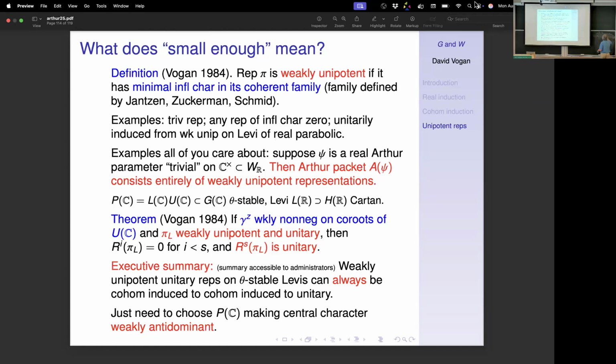This Levi subgroup defined by the Arthur parameter.